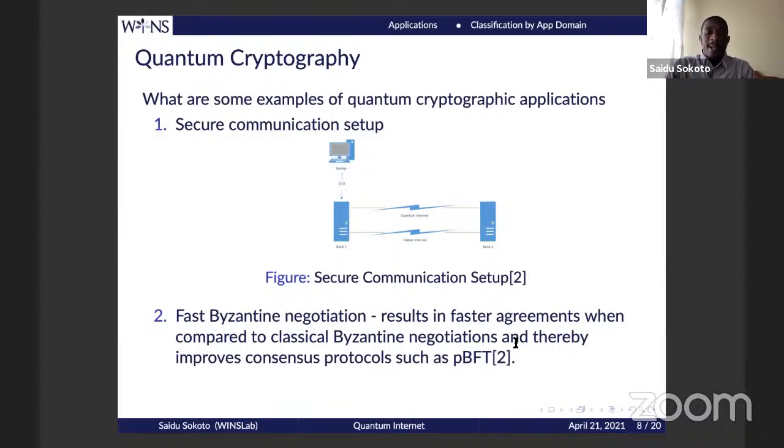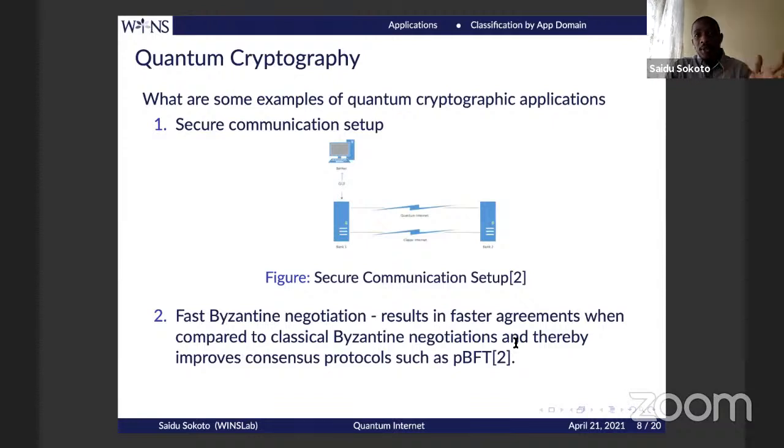As a second example, we have the fast Byzantine negotiation. This is the use of quantum mechanisms to achieve agreement in Byzantine negotiation. Using quantum repeaters or using quantum networks will result in faster communication times.